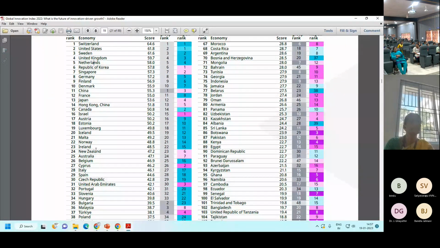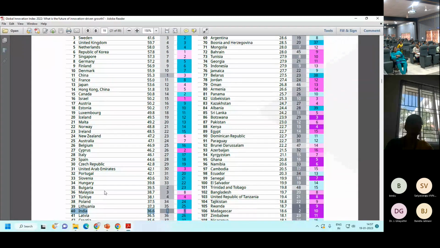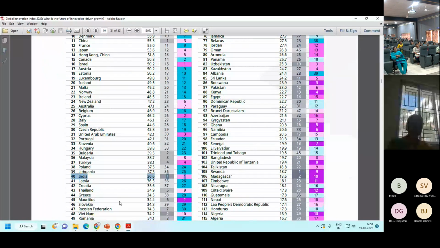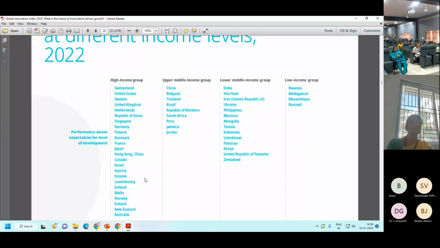We are in the 40th place, India, 36.6. So we are in this place. Before that, we were somewhere here, 81 and all. But from this place, we have moved to this place. So again, we have to move up. So for this, only our government is, yeah, see this?